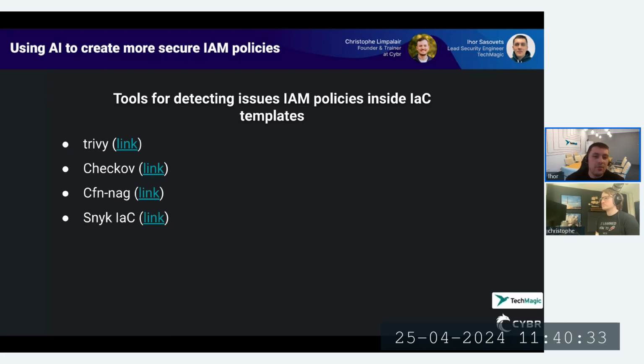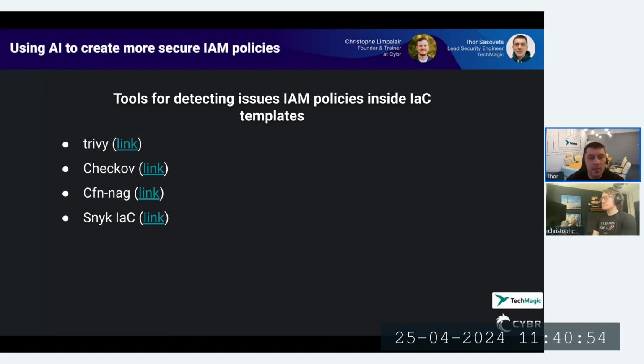Next tool, cfn-nag, is designed specifically for CloudFormation, and like the two previous tools it ensures that your CloudFormation templates are valid and do not contain issues, as well as checking for overly permissive IAM policies and related misconfigurations.